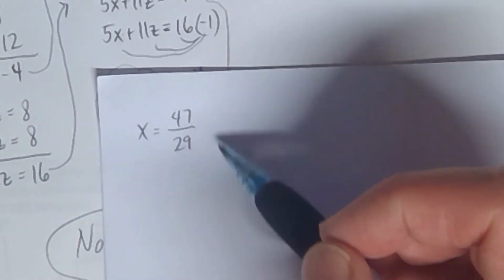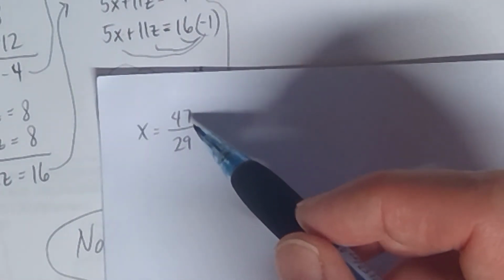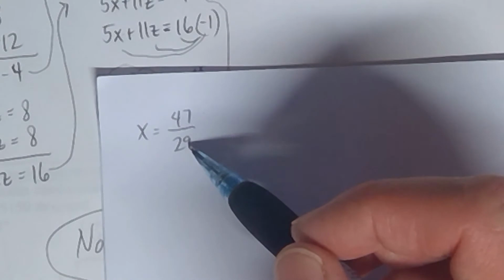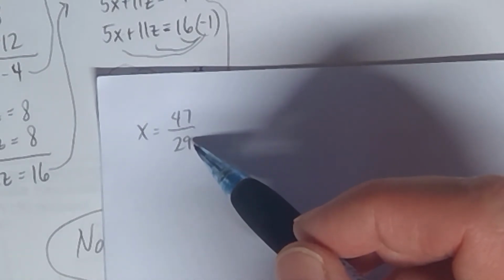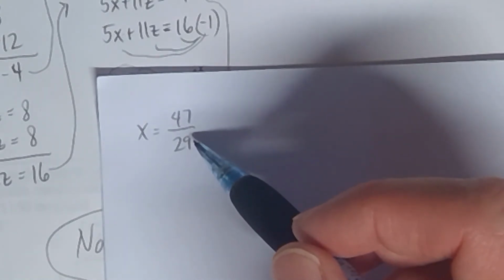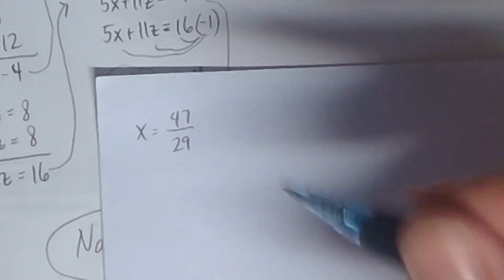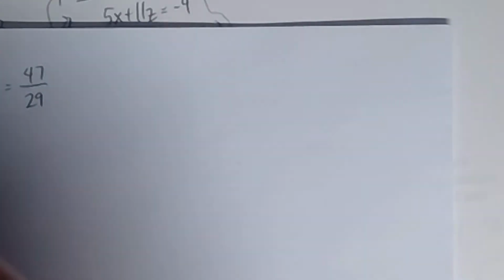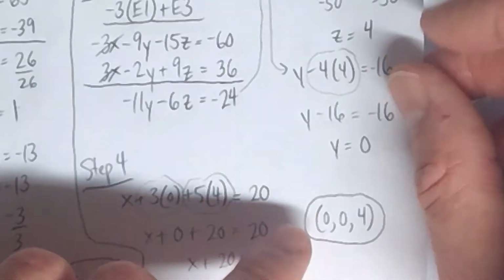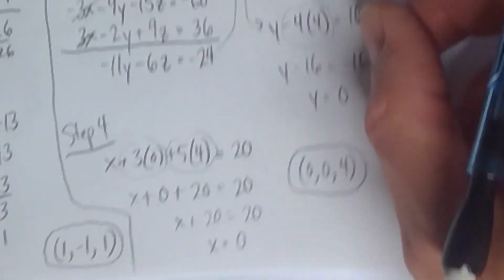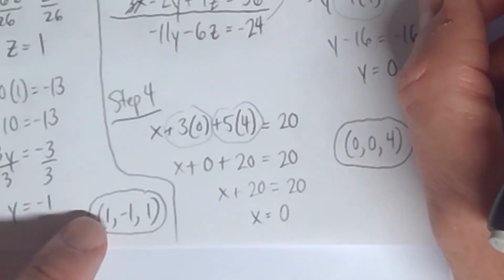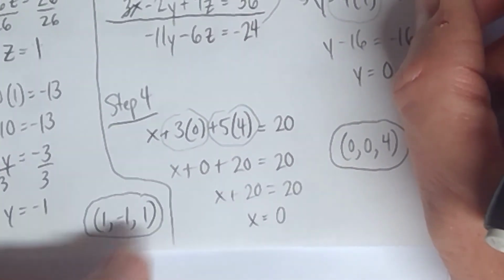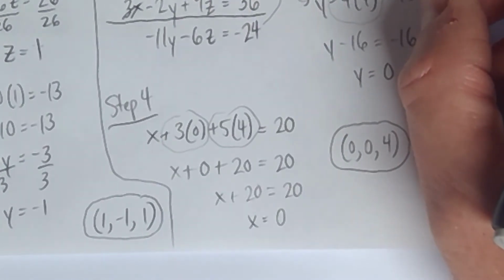I say that not because you never see this kind of answer, but I promise you, in this section, when you get the three-variable, three-equation systems, the answers for all three variables, x, y, and z, will always be either a whole number or a negative whole number. You won't get any fraction or decimal answers.